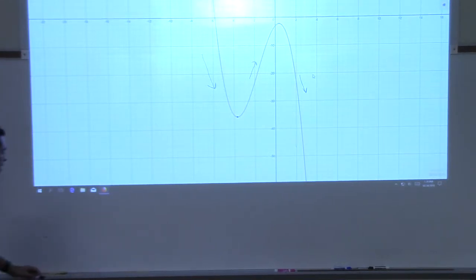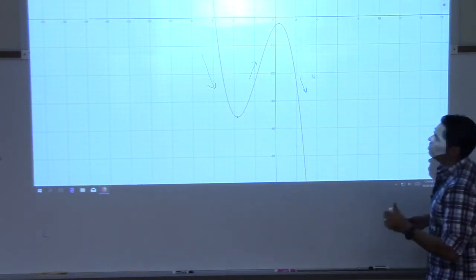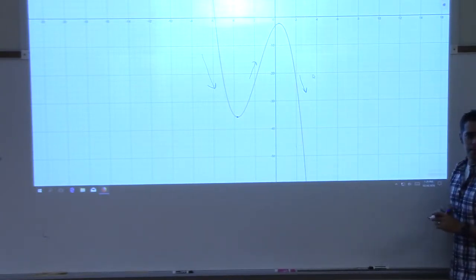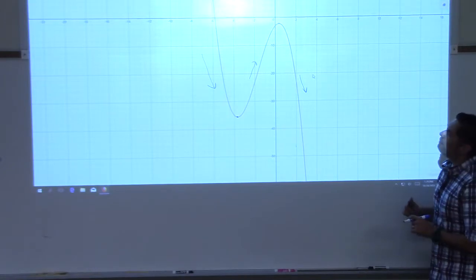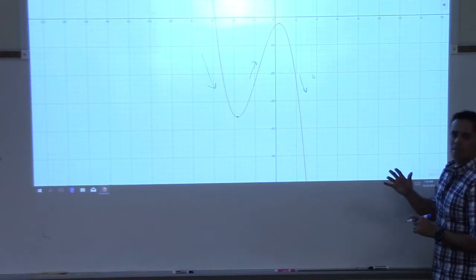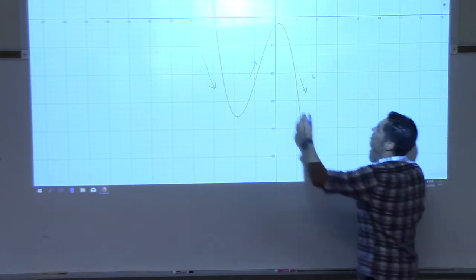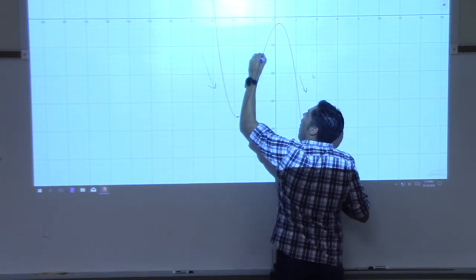Now, the concavity was smiles and frowns. Where did we have a concavity change? Was it negative 2/3? Negative 5/3? Negative 5/3 is about negative 1 point something like that, okay? So if we go to negative 5/3, it's about right here, and I want you to look at this point right here.